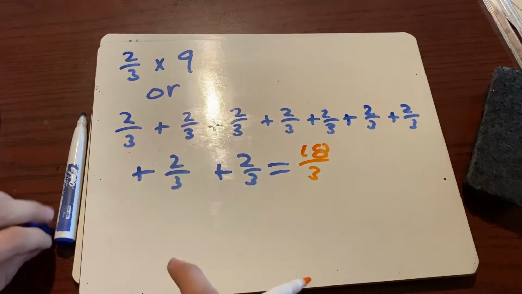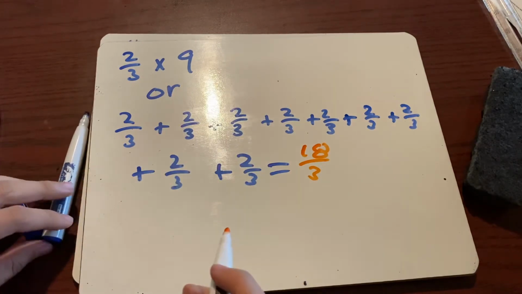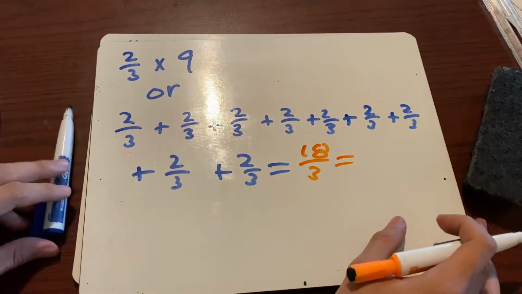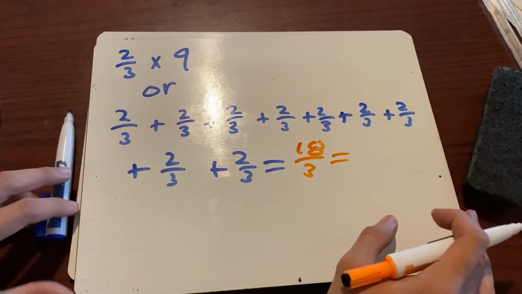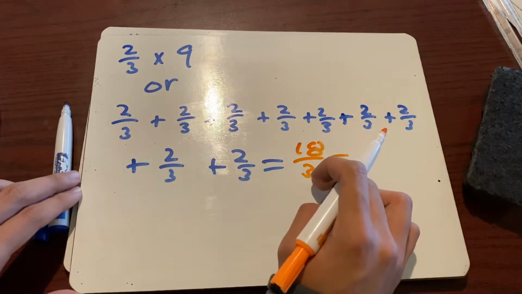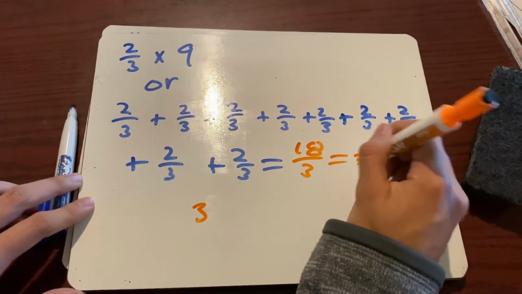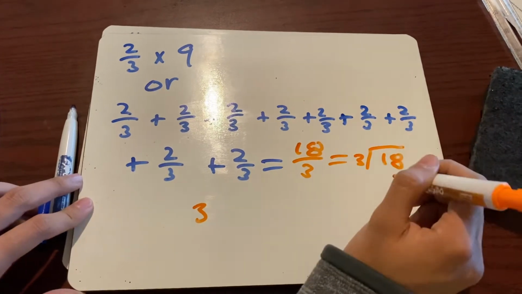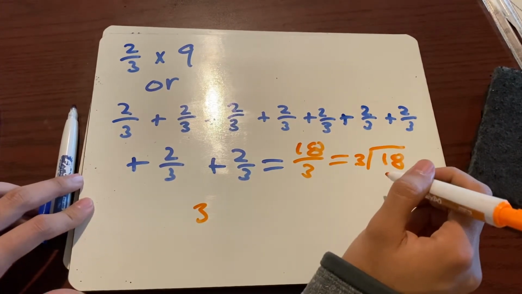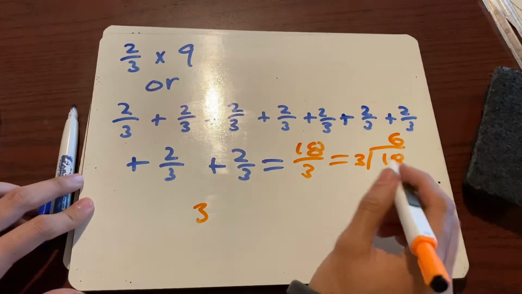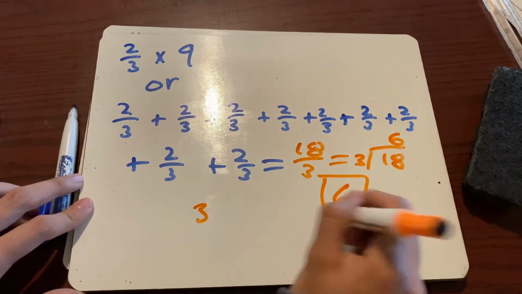That's another way that we could solve it. Now let's switch this to a regular mixed number because I don't want this as an improper fraction. This is 18 over 3. Well, guess what? 3 goes into 18 how many times? 6. So that's our answer, 6. Okay?